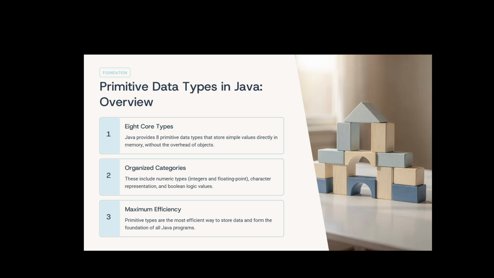Numeric types are again of two categories: integers, which are whole numbers written as a number, and floating point numbers written in the decimal format. And then we have character representation and Boolean logic values. There are 8 of these primitive data types, and in fact, this is the most efficient way to store data and form the foundation of all Java programs.